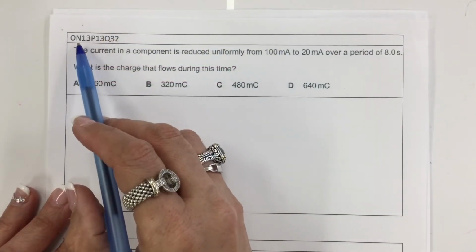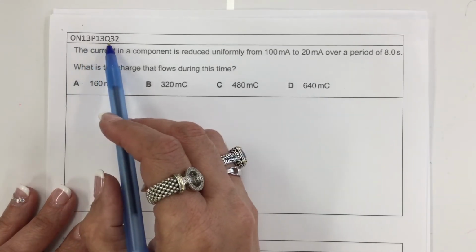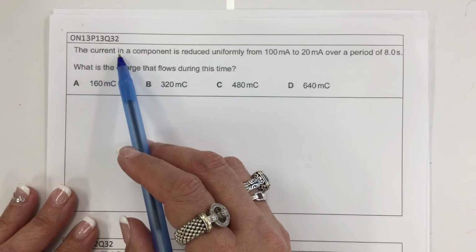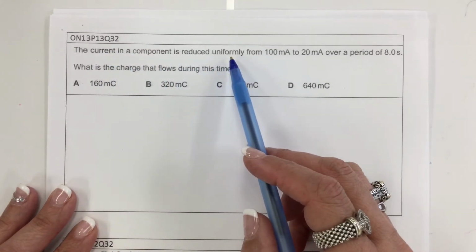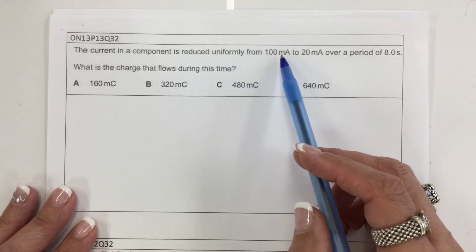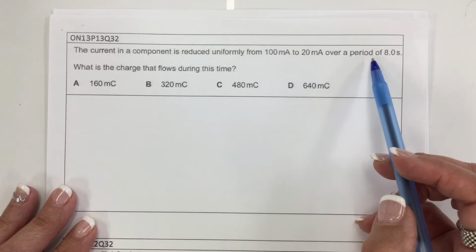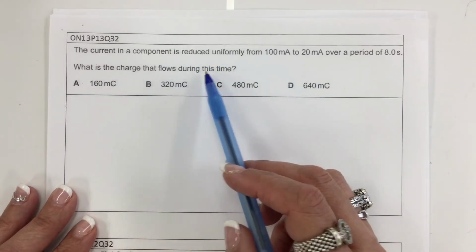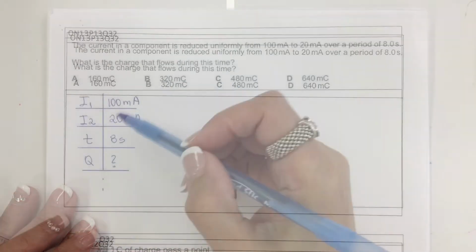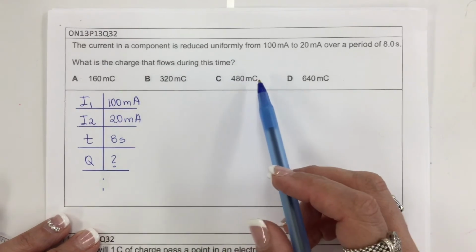All right, so this is AS. Question from October, November 2013, paper 13, question 32. The current in a component is reduced uniformly from 100 milliamps to 20 milliamps over a period of 8 seconds. What is the charge that flows during this time? So this is my data table based on the information from this problem.